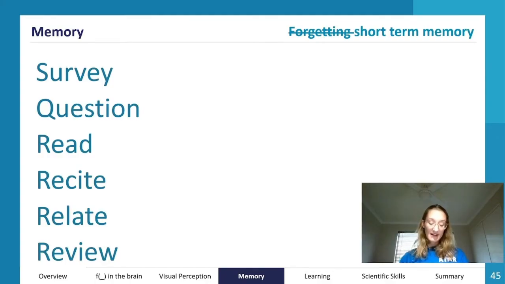Next is read. Read the text underneath the subheadings that you've posed a question for. Okay, so what am I reading? I'm about to read an article about the working model of memory. Well, the next step is actually to read it. And then recite is to recite the text you've just read using your own words. So for recite, you might think of a synonym like summarize. So can I actually put this text into my own words?